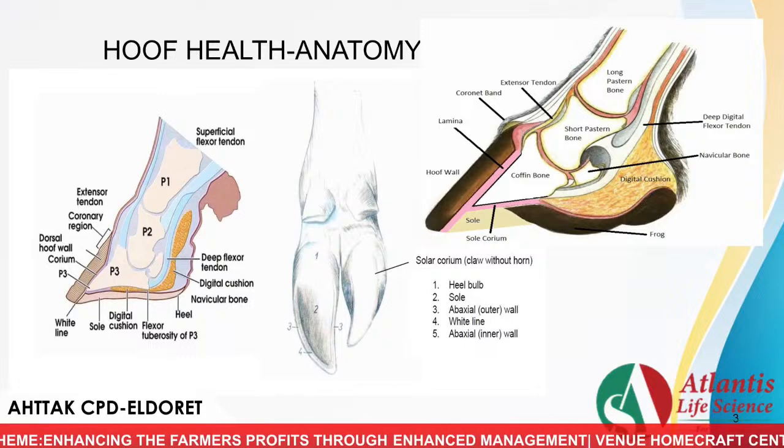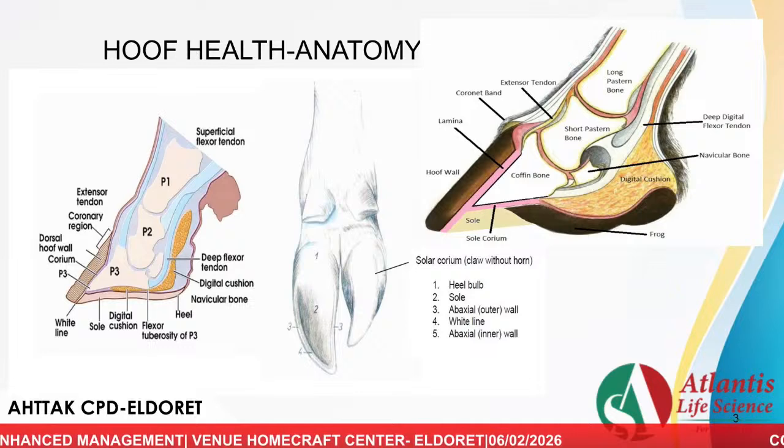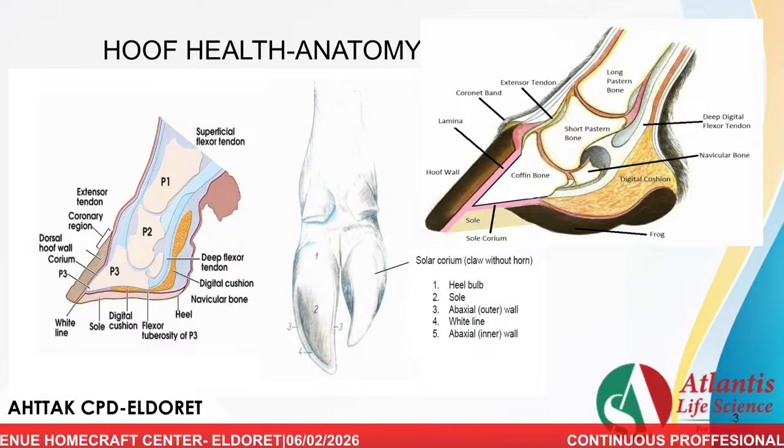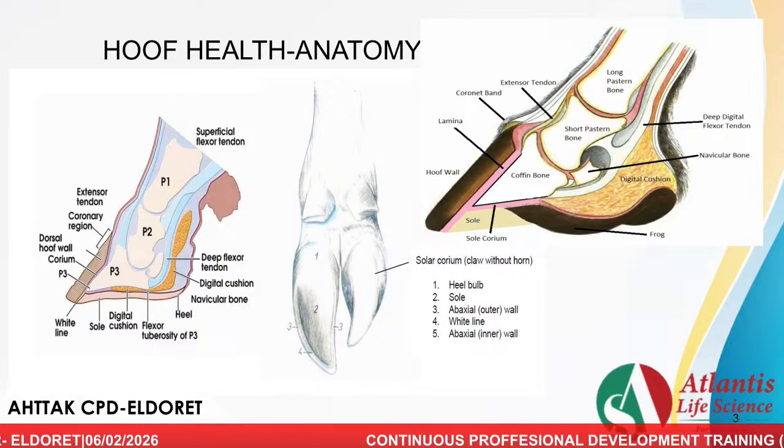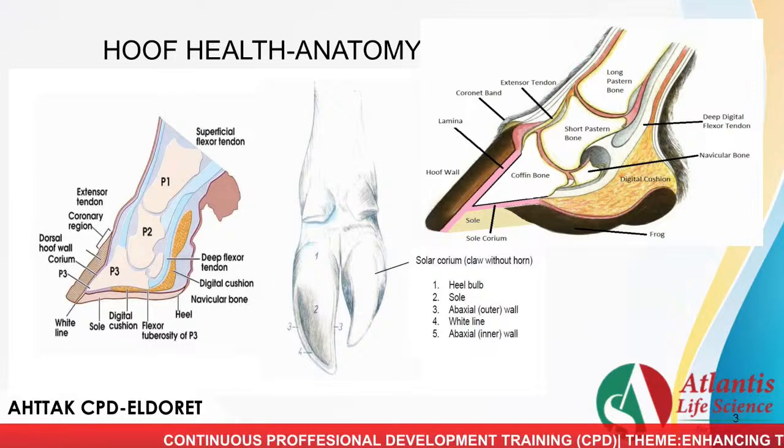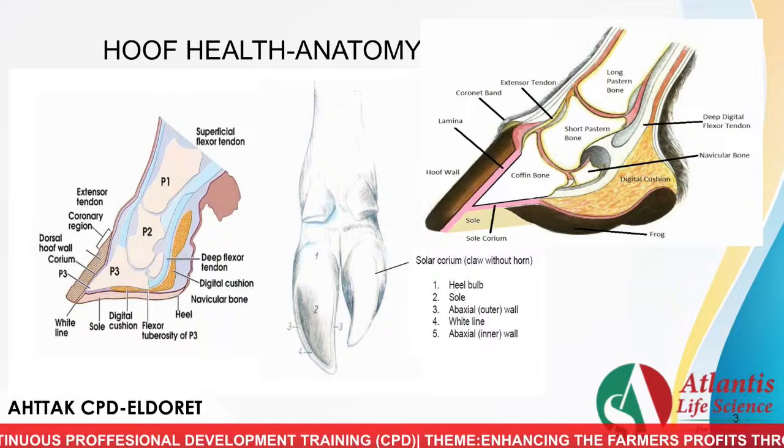Now, where is the lamina? The lamina is just here. It actually binds the hoof wall to the pedal bone. So when we talk of laminitis or lameness, it is mostly related to the lamina.